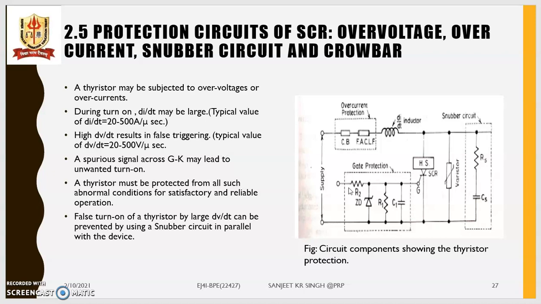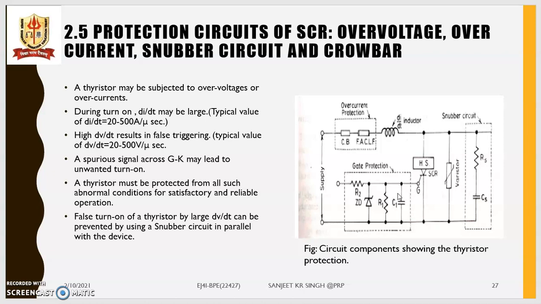Sometimes a spurious signal at the gate cathode will lead to unwanted turning on of the SCR, and therefore this too has to be avoided using a gate protection circuit. A thyristor must be protected from all such abnormal conditions for satisfactory and reliable operation.